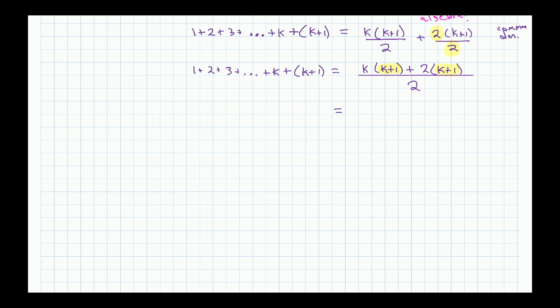So if you factor out that k plus 1, you're going to have a k plus 1 over 2. Hold on, let me rewrite this. Okay, so you have k plus 1. If you take out the k plus 1, the part that I highlighted, you're going to be left with k plus 2.